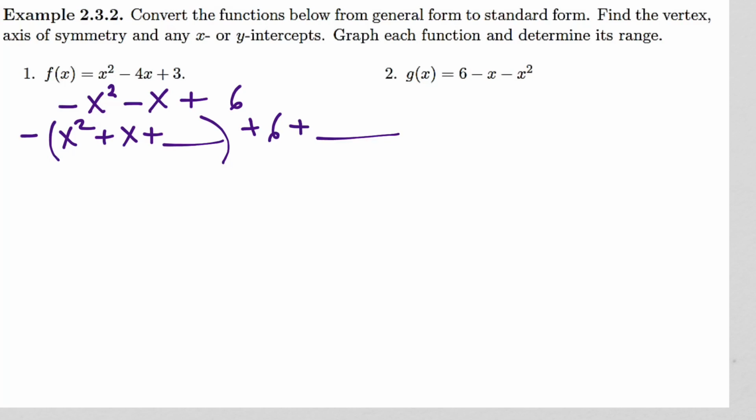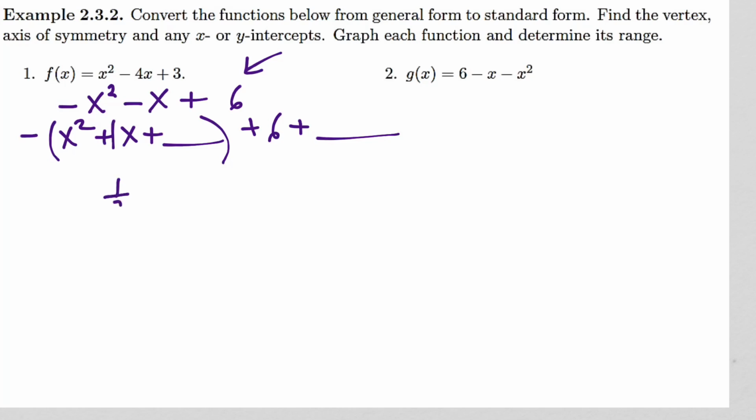Okay, so I did not change the sign on the 6. Okay, I want to leave that alone. All right, so I can see if I distribute that I've got minus x squared minus x plus 6, nothing there yet. So it's still this. All right, so now I'm going to take my 1.